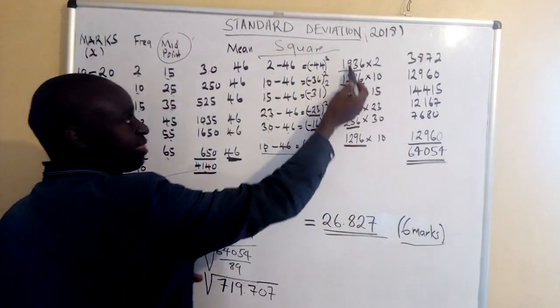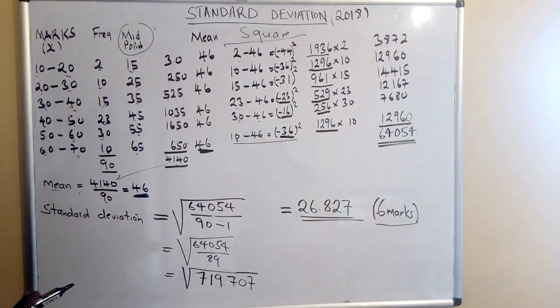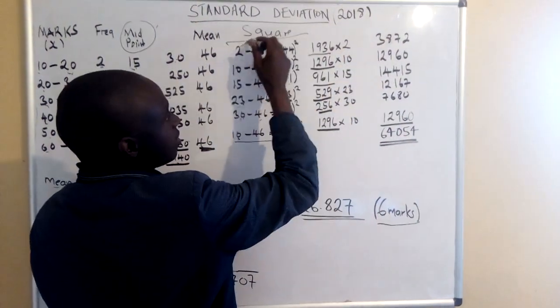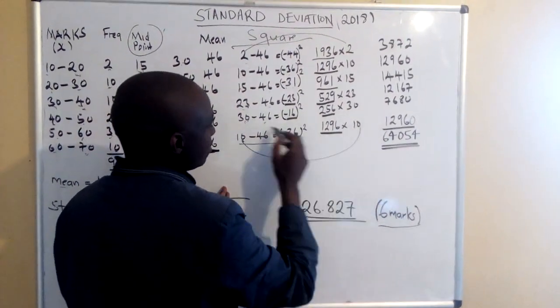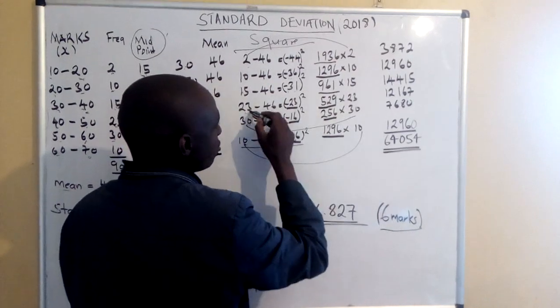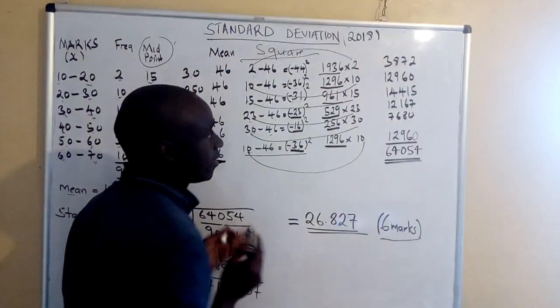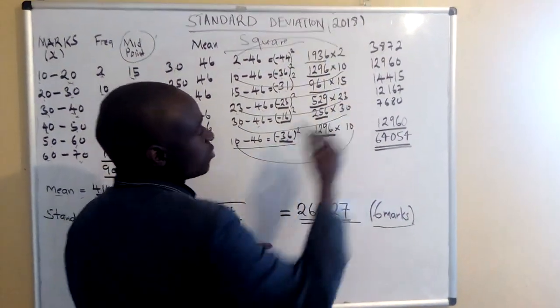Once we've taken these answers, we multiply them also by the respective frequencies. As you can see, the frequency, which is the 2 there, just goes there. This 10 just goes there, that 30 goes there, the 23 goes there, 15 goes there, and the 10 goes there. That's how we proceed. At this stage, we just multiply them.